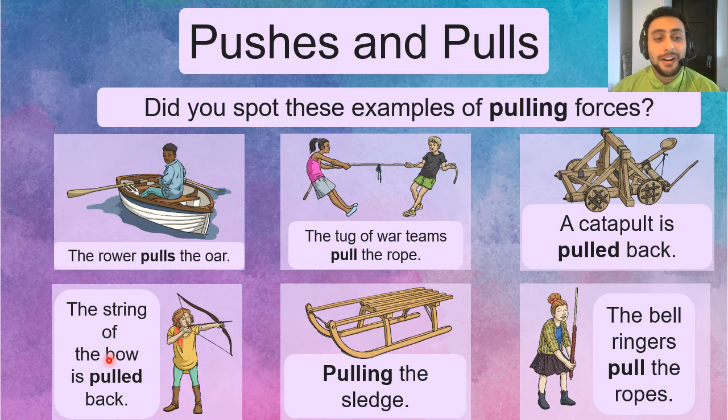A string on the bow. See, you have to pull the string. Pulling the sledge, like the picture that I showed you. The girl was pulling the sledge, or the bell ringer pulling the rope to make it ring, ring, ring, ring. So these are examples of pulling forces.